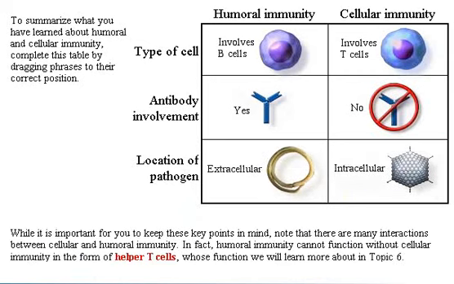While it is important for you to keep these key points in mind, note that there are many interactions between cellular and humoral immunity. In fact, humoral immunity cannot function without cellular immunity in the form of helper T cells, whose function we will learn more about in Topic 6.